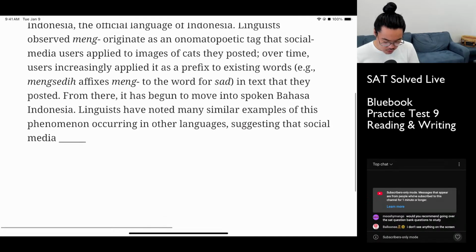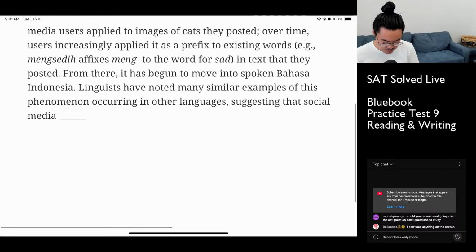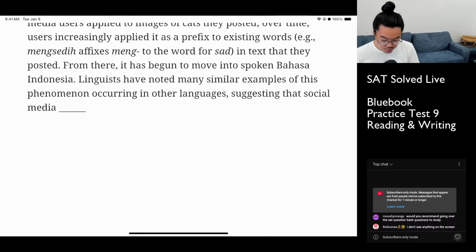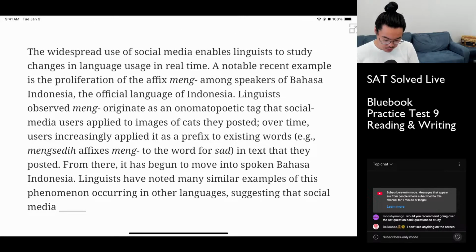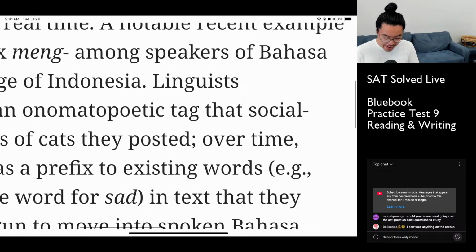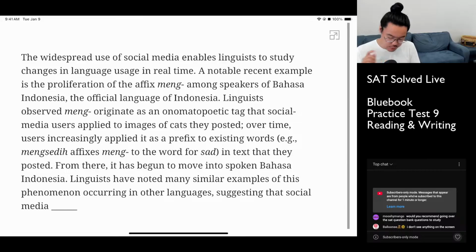And then they put it on Hmong's sedi for sad, cat sad, okay? Then it moved into spoken Indonesian, and they're seeing it in other languages, suggesting that social media, which, by the way, it's over here, it's a tag. It starts as a tag. Social media can influence spoken language, not just in Indonesia, and not just for Bahasa Indonesia, but for any other language as well. So that's my prediction.